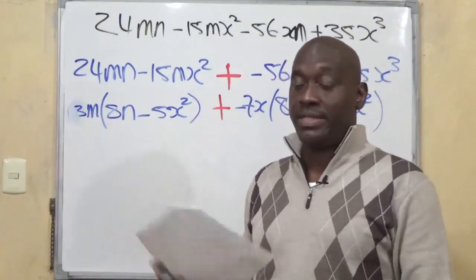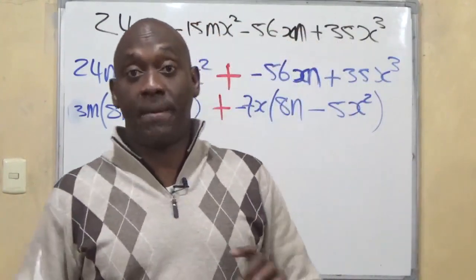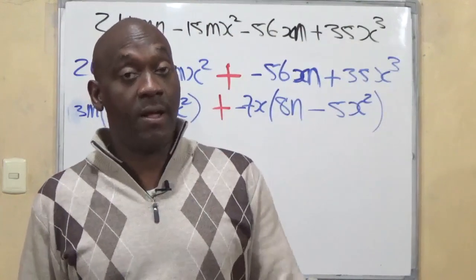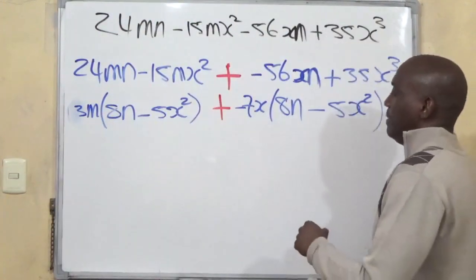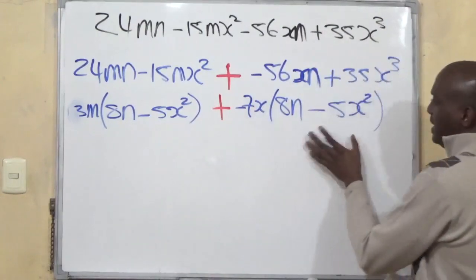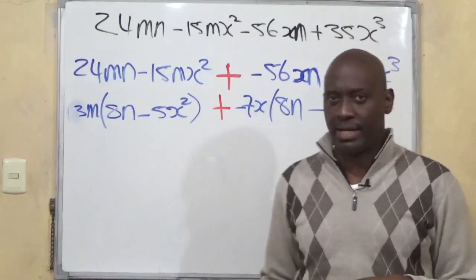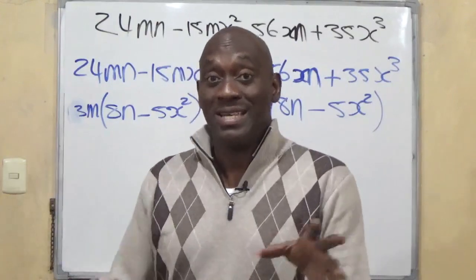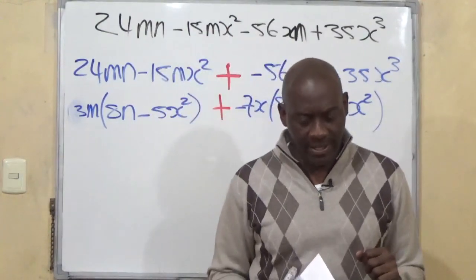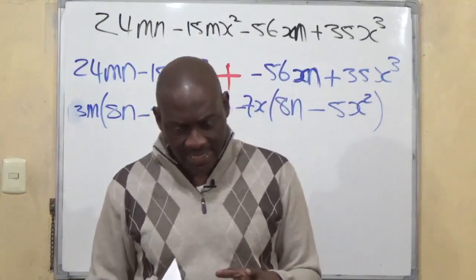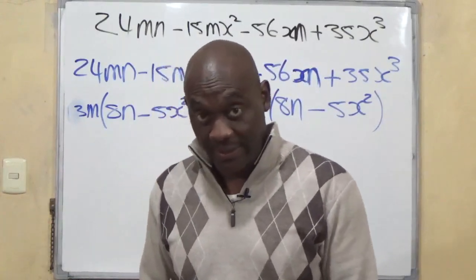The expression inside the brackets for both groups under factorization must be the same. So if you're doing factorization by groups and you realize that the expressions are different inside the two sets of brackets, that is your opportunity to say, all right, something is going on here. Let me double back and check and see if there's a mistake.